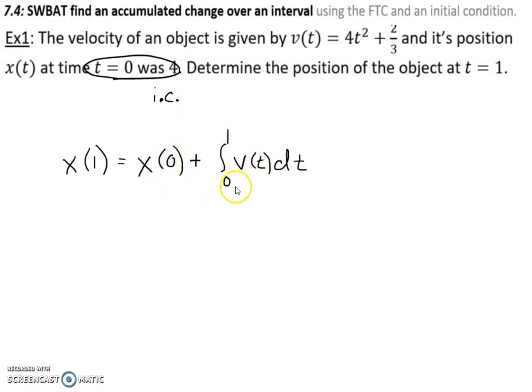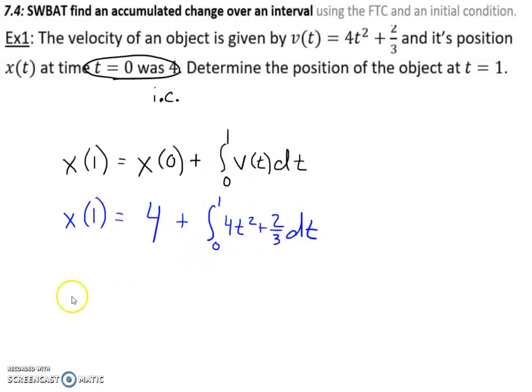I'm going to plug in numbers here, but what this says again is if you start at 0 and you accumulate this much change, you will end up at wherever x of 1 is. So let's plug in some numbers. x of 1 would then equal, well, x of 0 they said was 4, plus the integral from 0 to 1 of v of t, so that's 4t squared plus 2/3 dt.